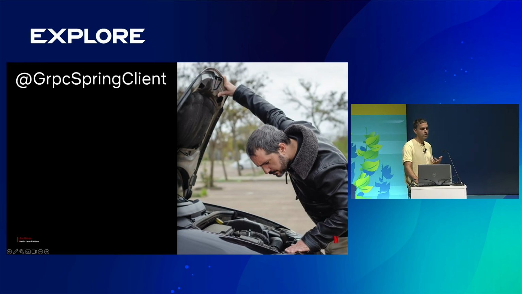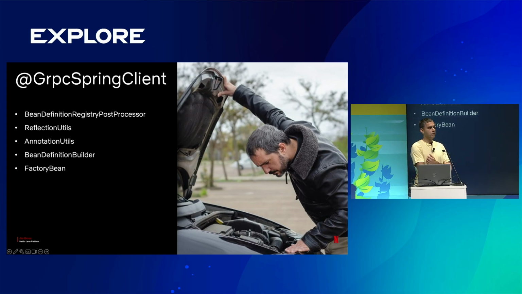So how is the gRPC Spring client implemented? Again, we use building blocks from Spring. We use something called the BeanDefinitionRegistryPostProcessor, which is a mouthful. What that does is it allows you to programmatically register bean definitions. BeanDefinitionRegistryPostProcessor is invoked after all the static beans of an application are defined, not created yet, but defined.